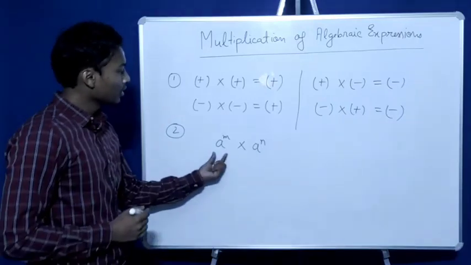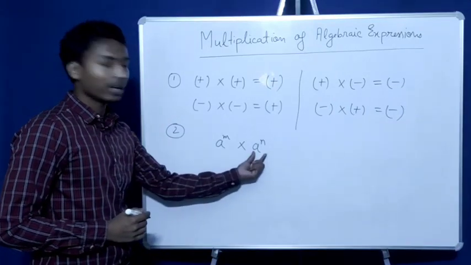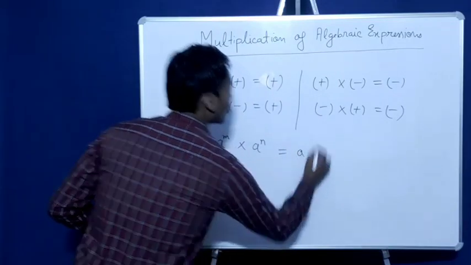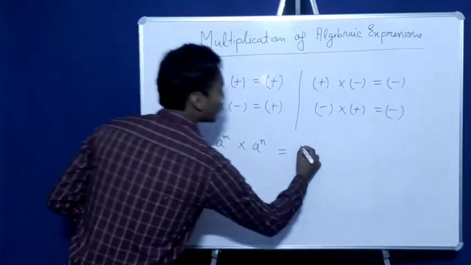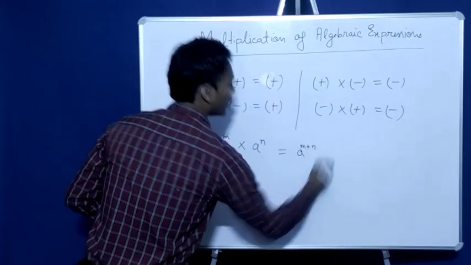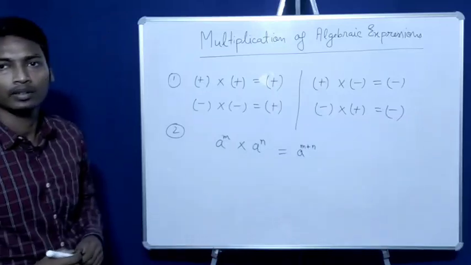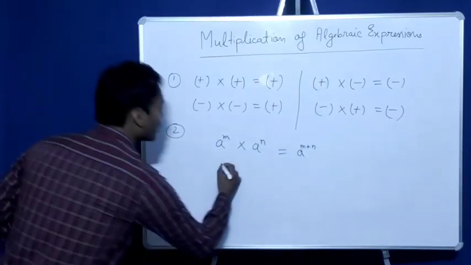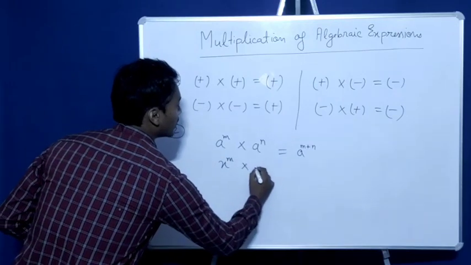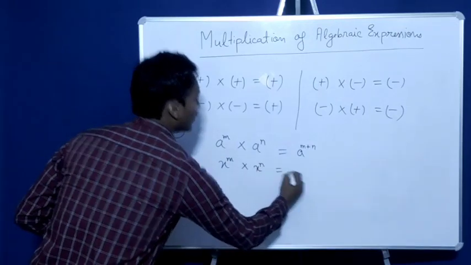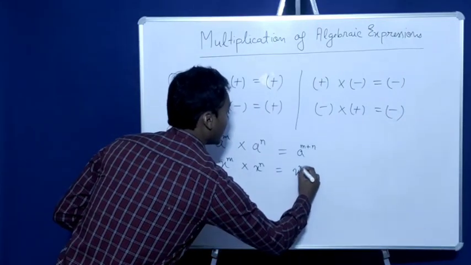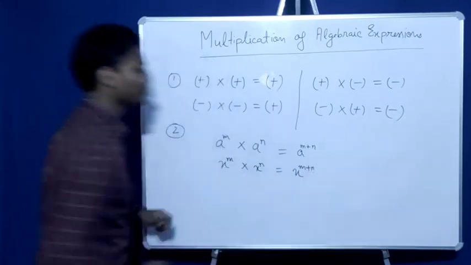So here a is the base, a is the base, so the bases are the same, so the multiplication will be the sum of the exponents, that is m plus n. Similarly, if it was x to the power m multiplied by x to the power n, then the result will be x raised to the power m plus n.